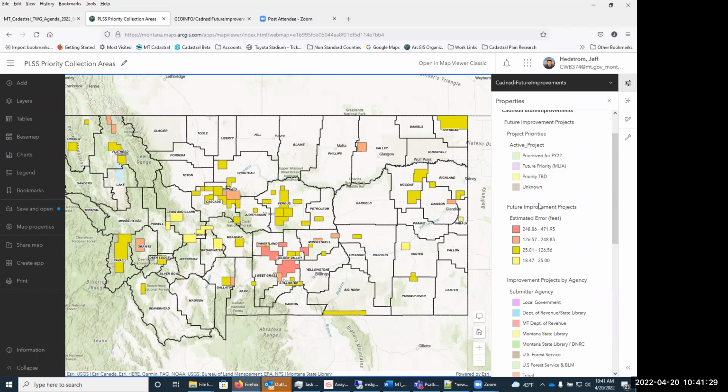I just took a bunch of points and estimated visually, so it's by no means a concrete number, but it gives you a visual representation. I know we were working on a grant in the northern parts of Stillwater that are very significantly off. Some parts visually look like 500 feet.